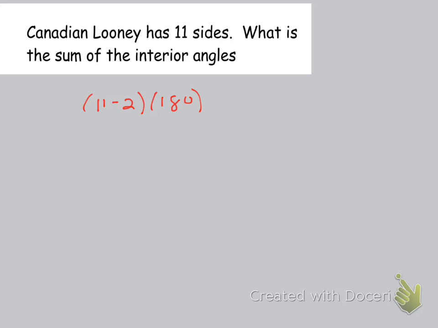So then you'd have 9 times 180, and then you'd end up with 1620. So the total sum of the interior angles of a Canadian loonie is 1,620 degrees.